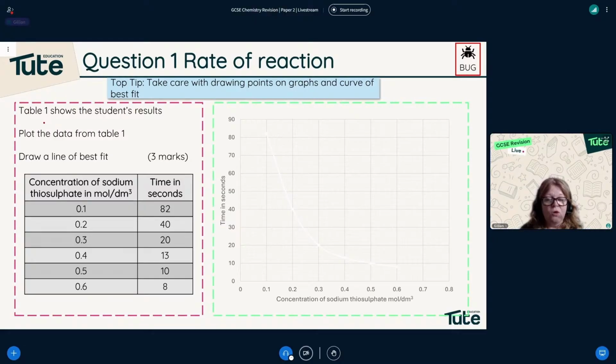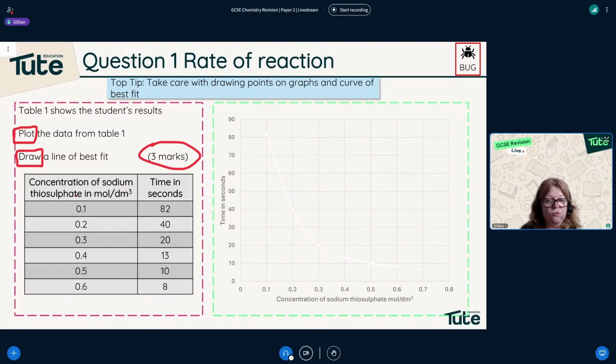Table 1 shows the students' results. We need to plot the data from table 1 and draw a line of best fit. We can see that this is a 3-mark question.